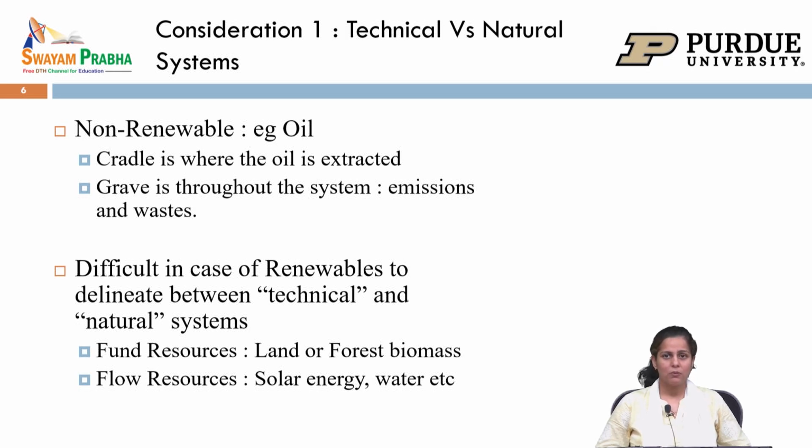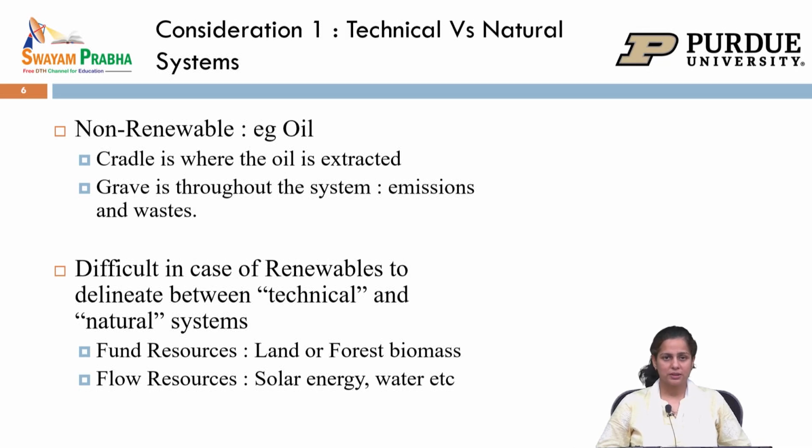But for now, we will focus on treating these renewable resources as fund resources or flow resources. So, the fund resources are something that are static or forms the capital that is an input to the product life cycle, something like land or forest biomass, because it is there for a longer period of time and it is being reused again and again.